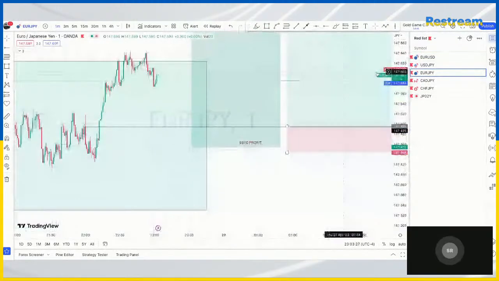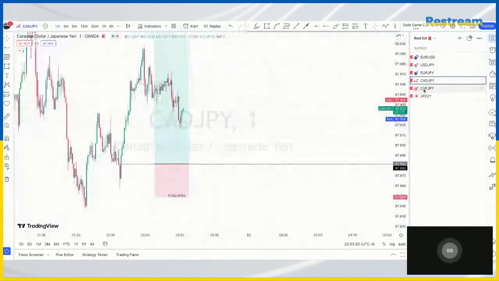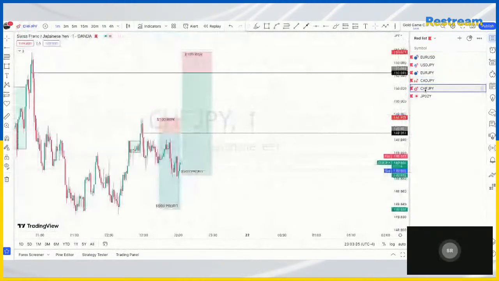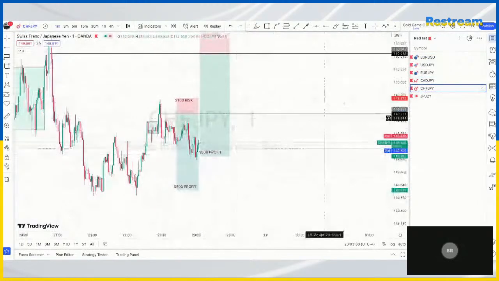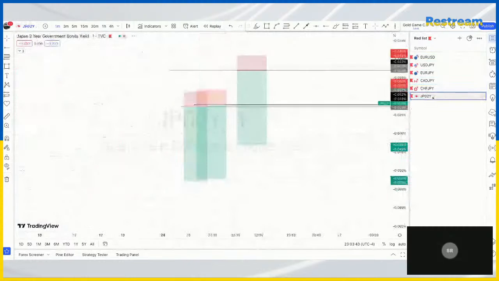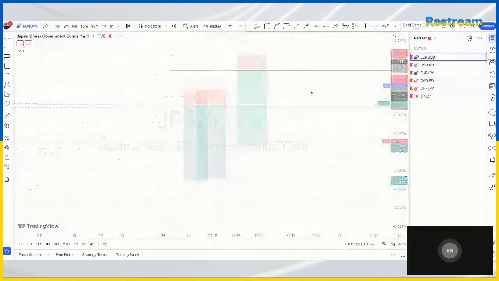There's no need to take more trades. So that one's slowly coming down. This one looks like it's coming back up. And then this one, well, that was just practice, an example trade for the other guys.